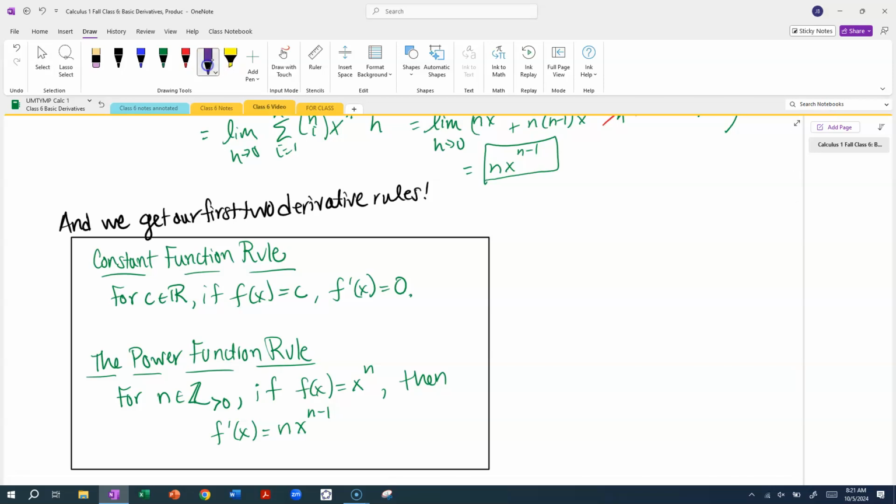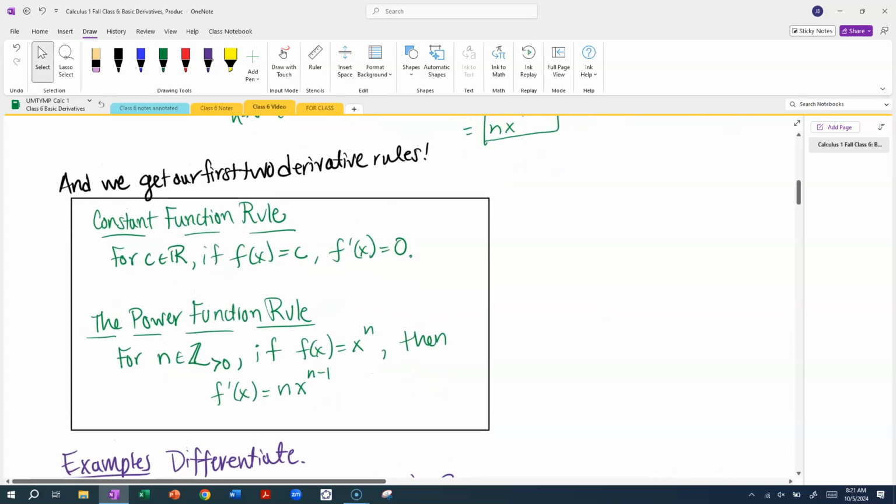And I actually want to clarify. The book talks about this as the n has to be a positive integer. I'm actually going to say, okay, so 0 is kind of boring, but we can actually say that n is within the set of rationals, Q, so like 1/2 works as well.